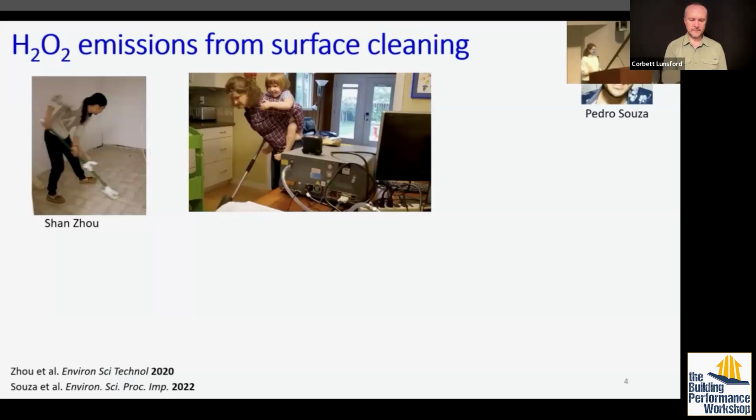So the internet had lots of advice on how to make cleaning solutions, most of which were terrifying, but diluting hydrogen peroxide in water sounded okay. So we did that. This first experiment we could say is a very controlled environment, and this one is a very uncontrolled environment. I did the cleaning experiments, and my grad student, Pedro Souza, who was stuck in Brazil at the time, did the analysis.